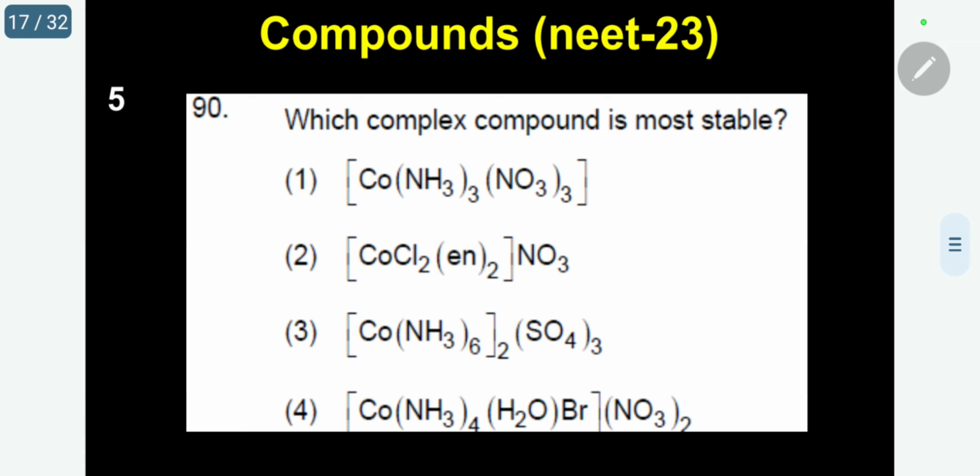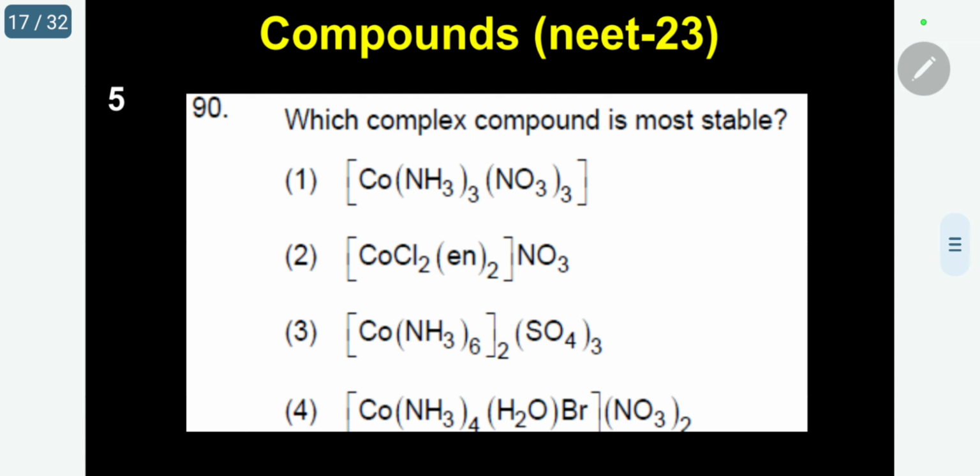Option 1: [Co(NH3)3(NO3)3]. Option 2: [CoCl2(en)2]NO3. Option 3: [Co(NH3)6]2(SO4)3. Option 4: [Co(NH3)4(H2O)Br](NO3)2.